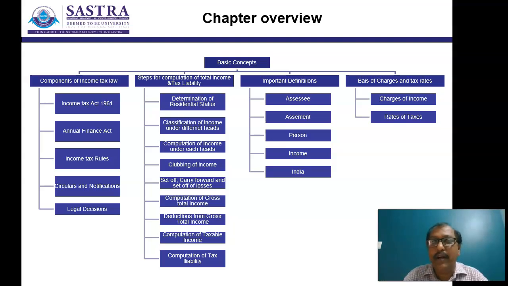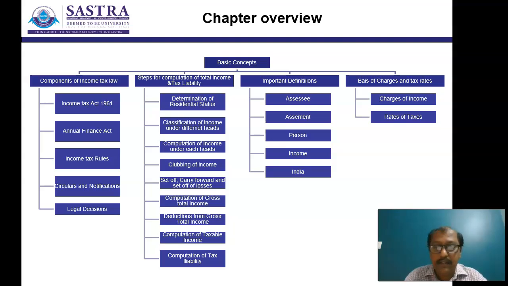To give an example, if an individual is a non-resident individual, a non-resident Indian, he may be exempted from payment of certain taxes. Likewise, if he is a resident individual or Indian, he will be asked to pay taxes, at least to the extent his income is taken into consideration.